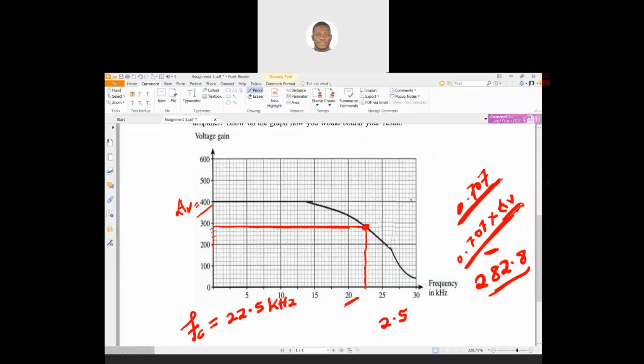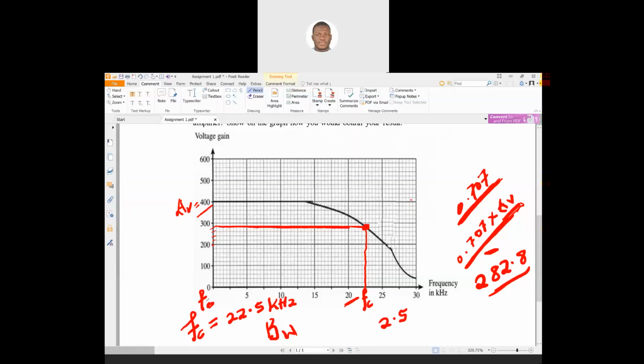Now, bandwidth. In this case, because we don't have a resonance frequency and all that, if we want to find bandwidth, this here would be our FC and this would be our F minimum, or F naught.